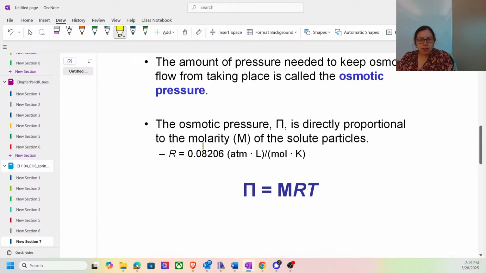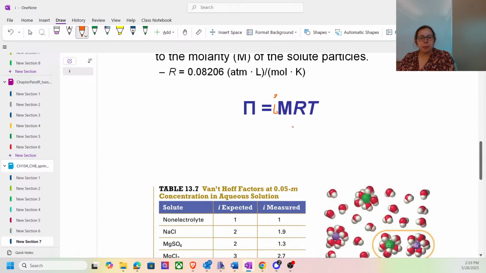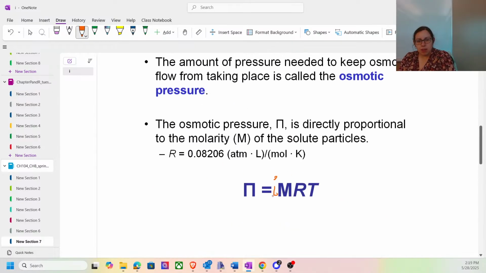This isn't necessarily so important, but we want to look at something that we haven't quite talked about. It should have this little i factor here. So let's talk about this i. Basically what this is saying is, how many particles does it make?